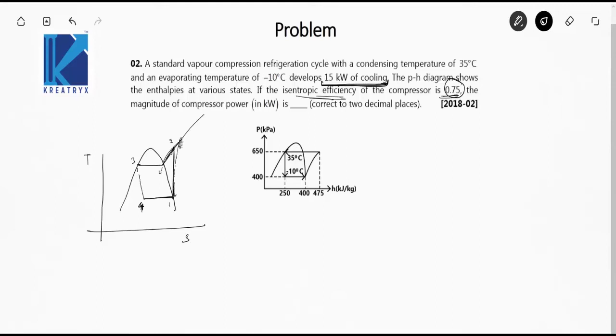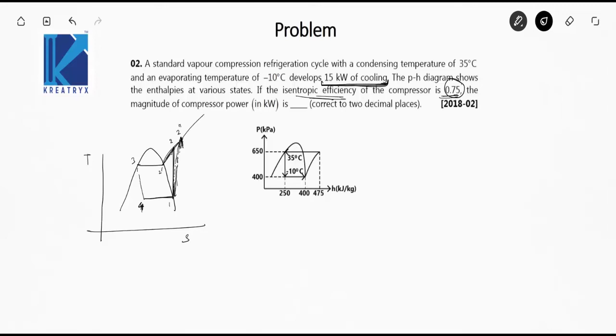It's very difficult to draw here, somewhat like this. This will be a curved, dotted line, and this will be the actual work input to the compressor. Let this point be 2 double dash.